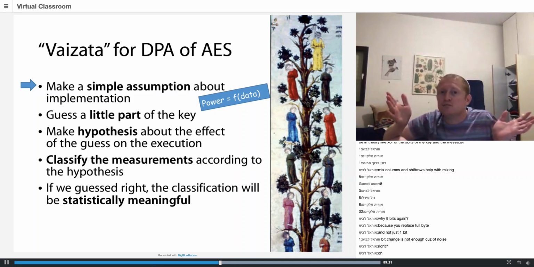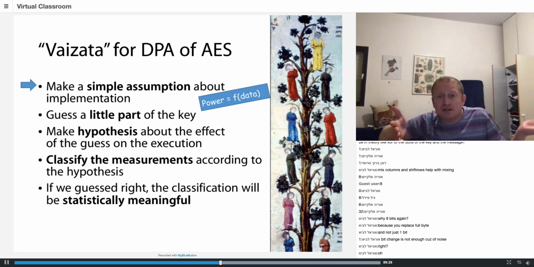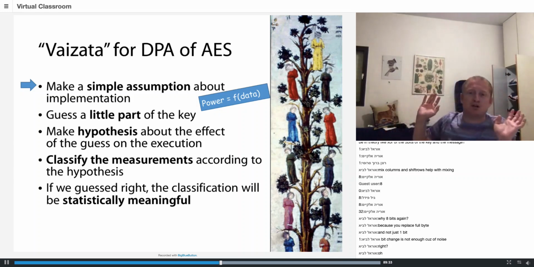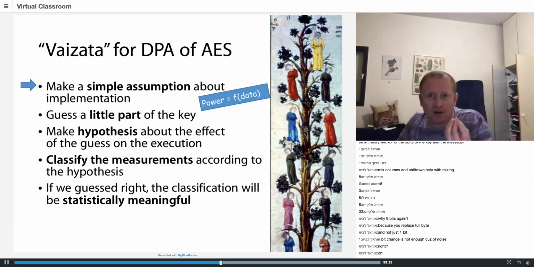What function? Linear function, nonlinear function, function of the Hamming weight, function of the Hamming distance, something else, nothing. This is the simplest assumption I'm going to make. I don't have right now the statistical richness to make any more complex assumption, and also it's complicated enough as it is. I don't want to make any more. So I'm just saying the power consumption is a function of the data.